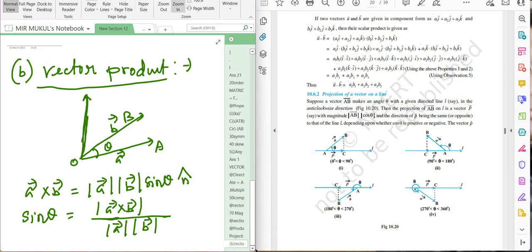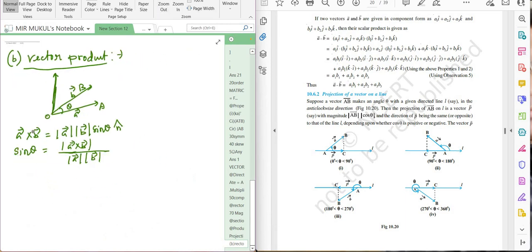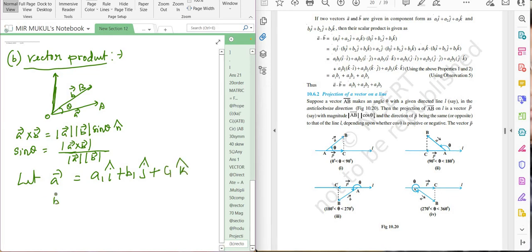If components are given, how can we find A cross B? Let vector A equal A1i plus B1j plus C1k, and vector B equal A2i plus B2j plus C2k.